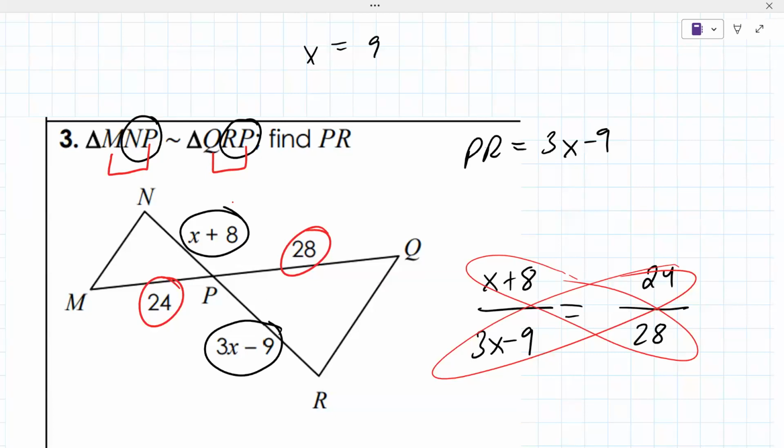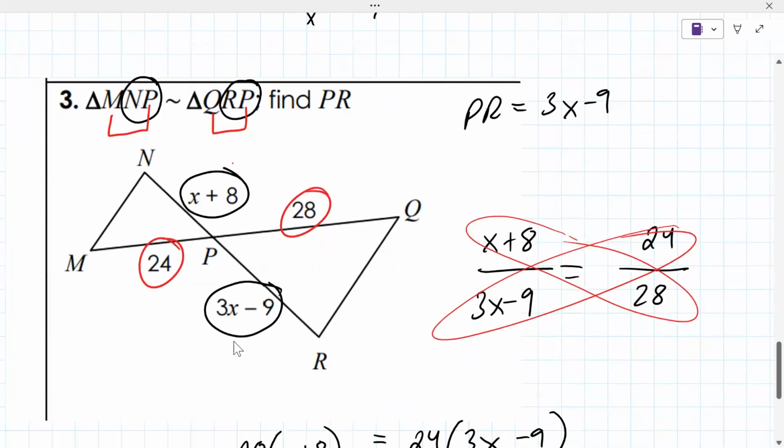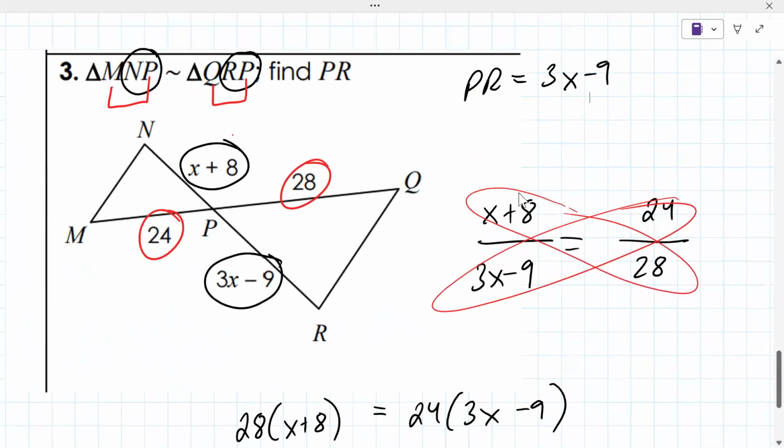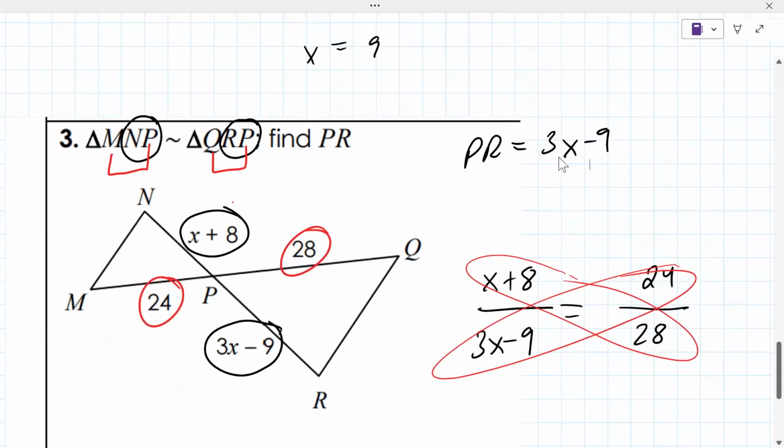I'm asking you to find the length of PR. PR is 3x minus 9, and you have your value of X. So could you put that number in for X and find the value of PR, please?